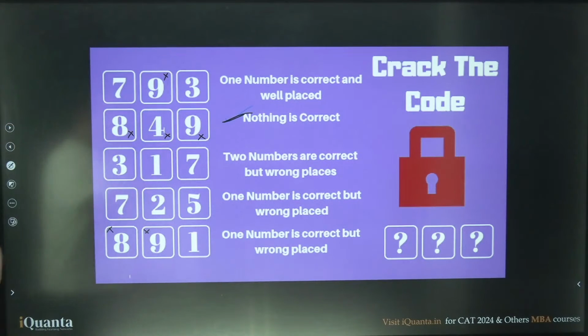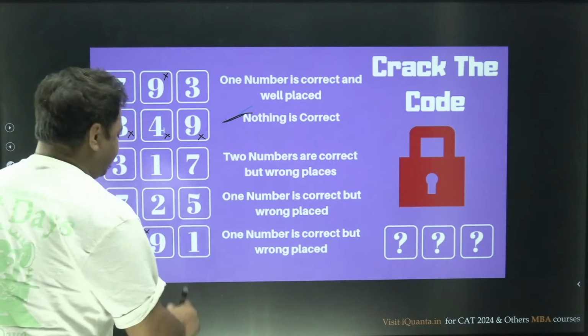Now tell me, which statement should we pick after this? The fifth statement, isn't it?